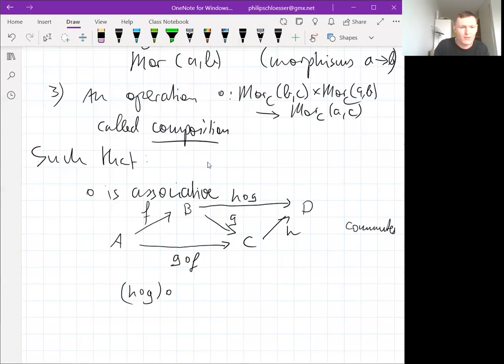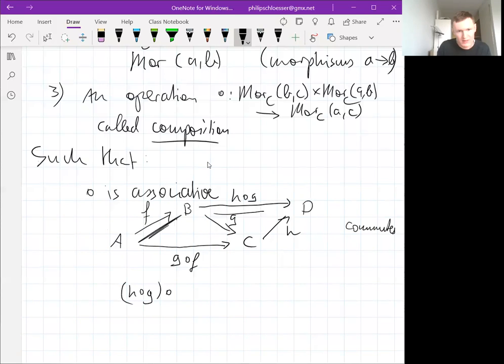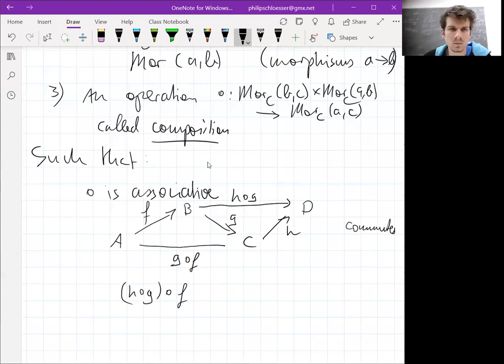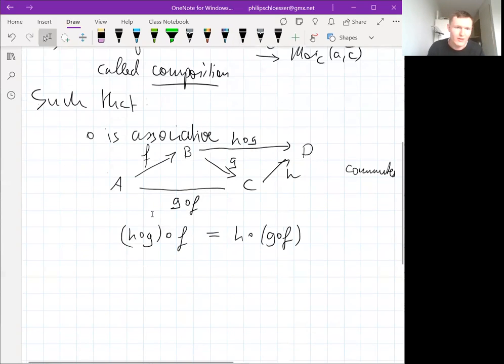So it doesn't matter if I first go along this path and then along this path, or first along this path and then along this path. And written out, this just looks like H after G after F is the same as H after G after F. What you usually write down when you want to have something be associative.